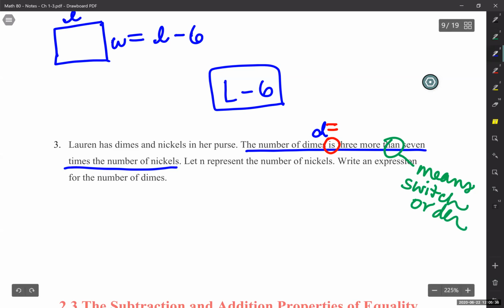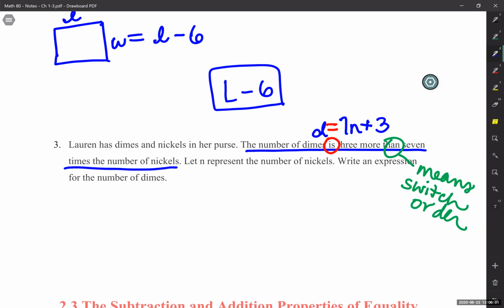We've talked about it in the first video, and definitely in the last video. And so than means to switch the order. So I'm going to write the 3 at the end because the 3 is first in words. More than would be plus. And finally, 7 times the number of nickels.